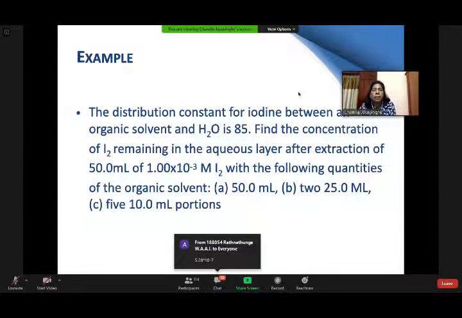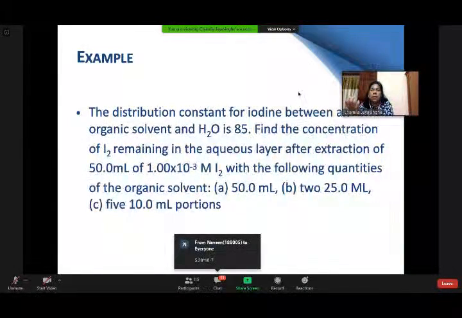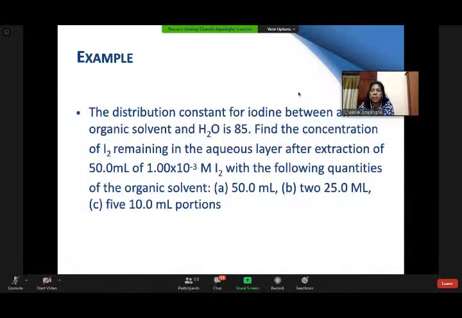K equal 85, A0 the original concentration 1 into 10 to the power minus 3. Aqueous layer volume is 50 ml. It is not changed. But this time they have used the organic solvent 25 milliliters 2 times.